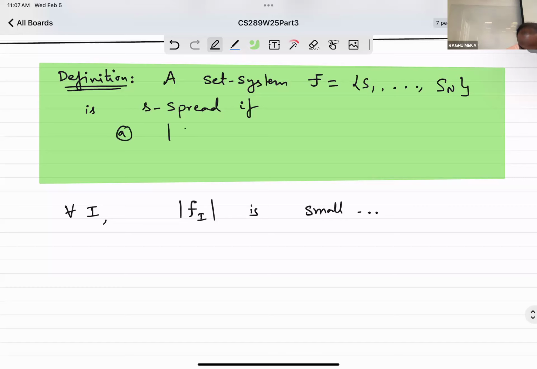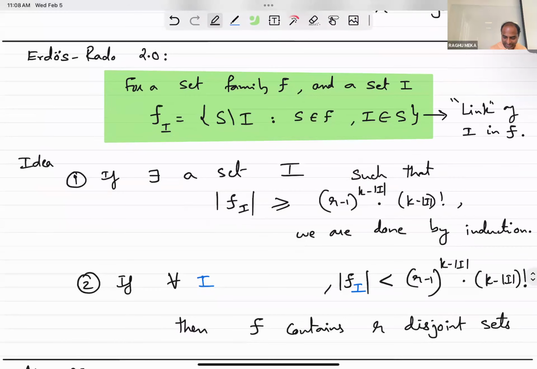First, the size of the family should be somewhat big, at least S to the K. In some sense, what we're doing is going here and focusing on the exponent rather than the base.